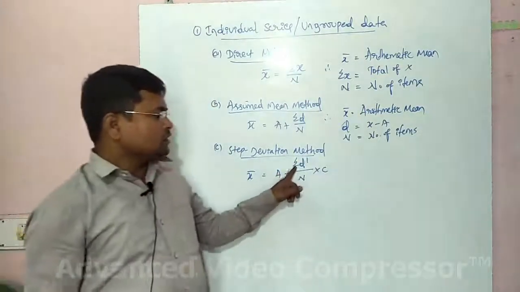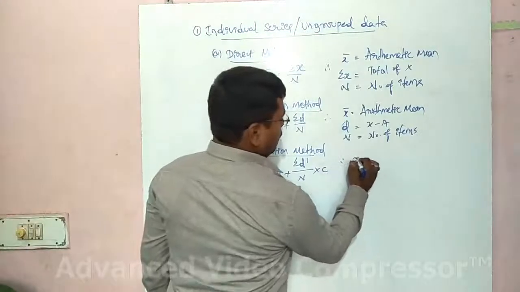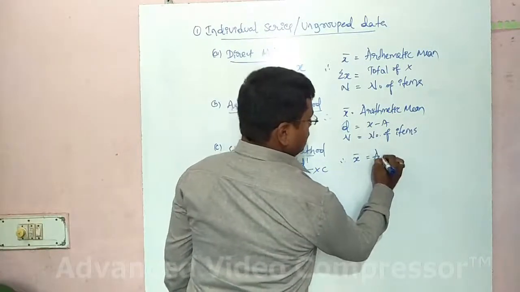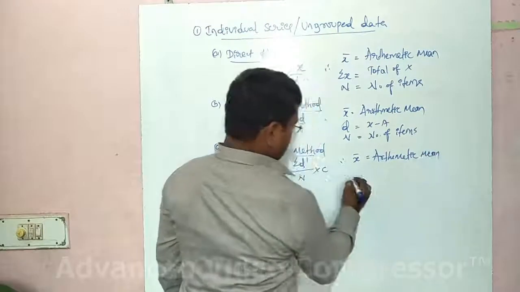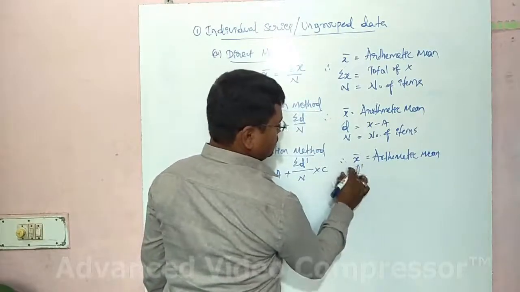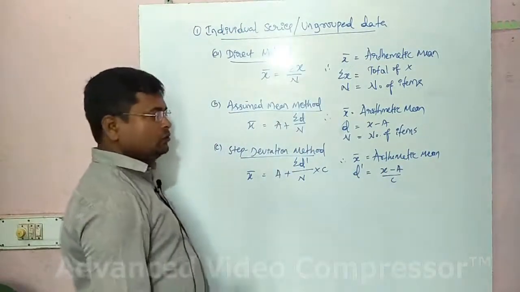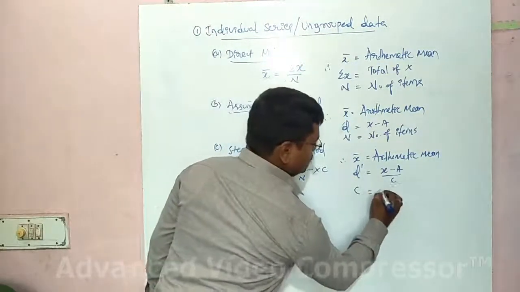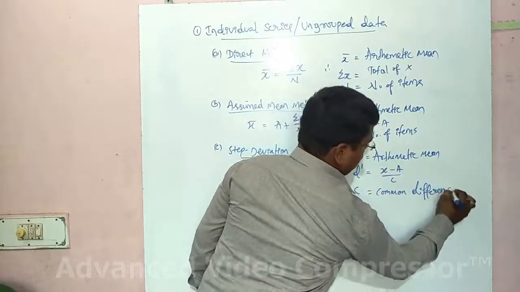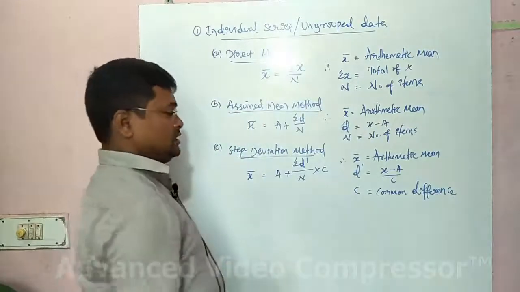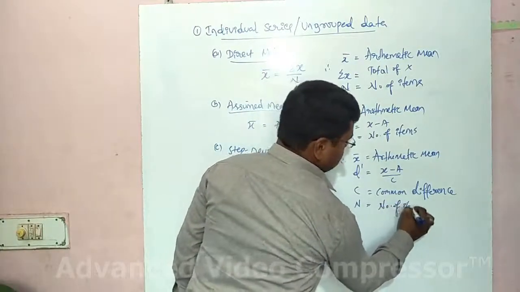Here, as usual, x bar means arithmetic mean, and d dash is equal to x minus a divided by c, and c is equal to the common difference between variables, and as usual n is equal to number of items.